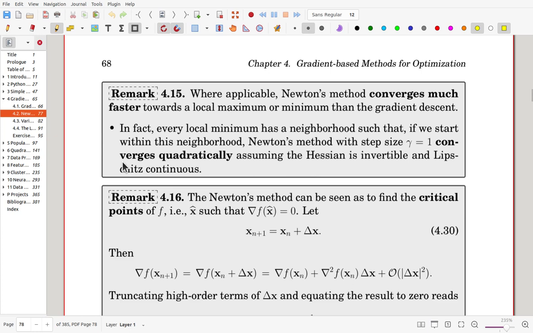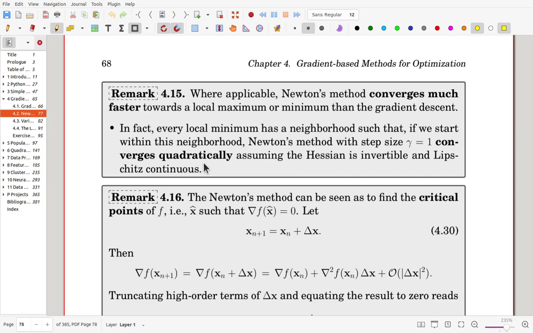Quadratic convergence means that once the error at xn is 10 to the minus 2, for example, then the error at xn plus 1 will be 10 to the minus 4, and for the next iterate, the error will be 10 to the minus 8, and for the next iterate, the error will be 10 to the minus 16, and so on.